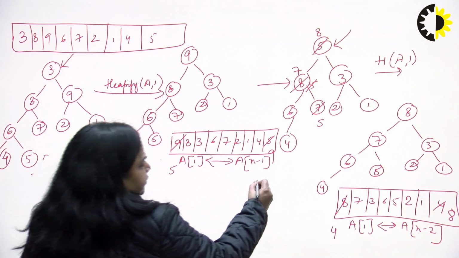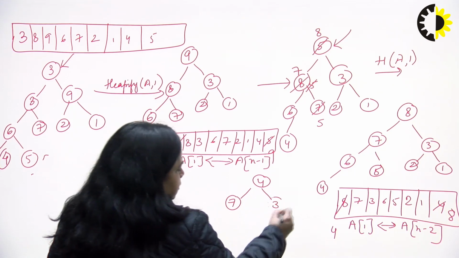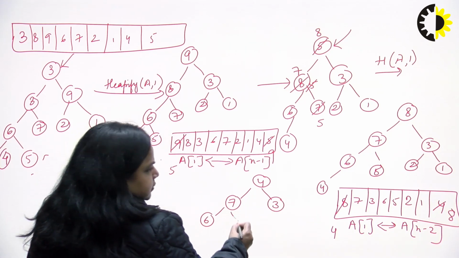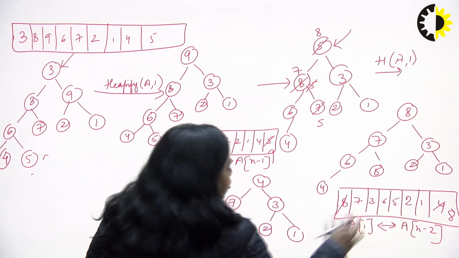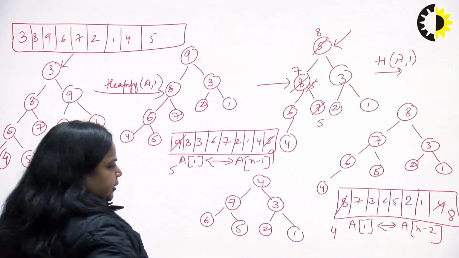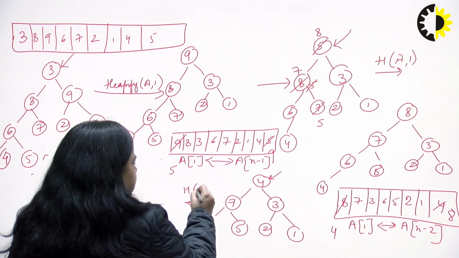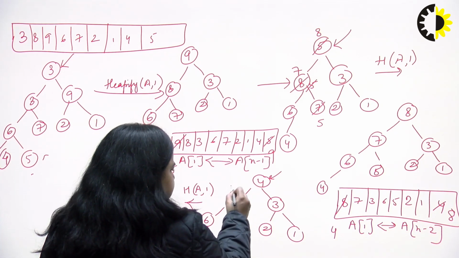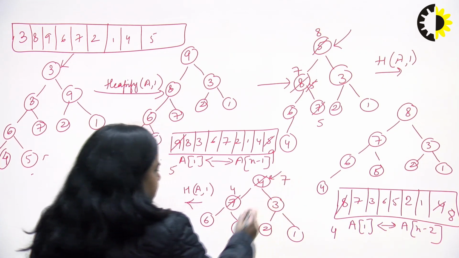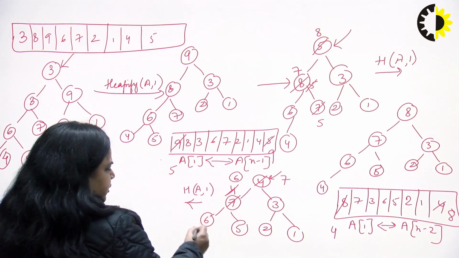Again we are getting a tree as 4, 7, 3, 6, 5, 2 and 1. 8 already holds its position, right? So we have to again apply heapify A comma 1. On 4, 4 comes here, 7 comes here. Then the 4, this becomes 6, this becomes 4.